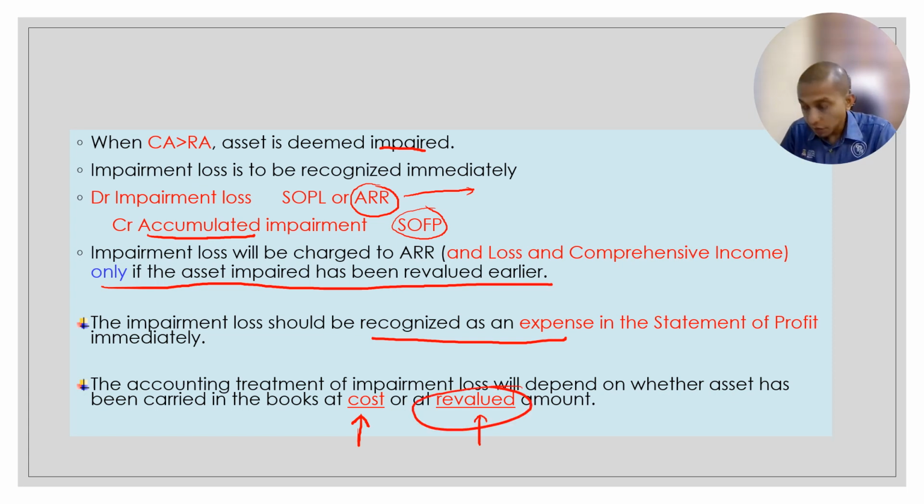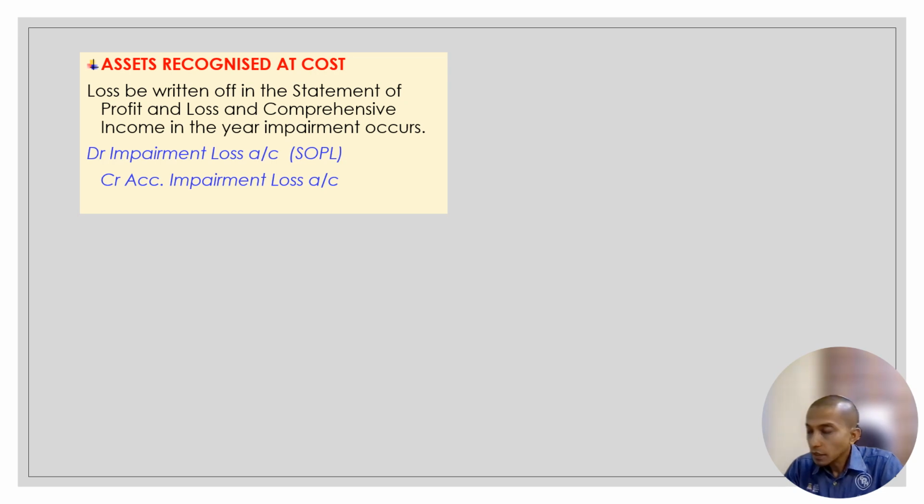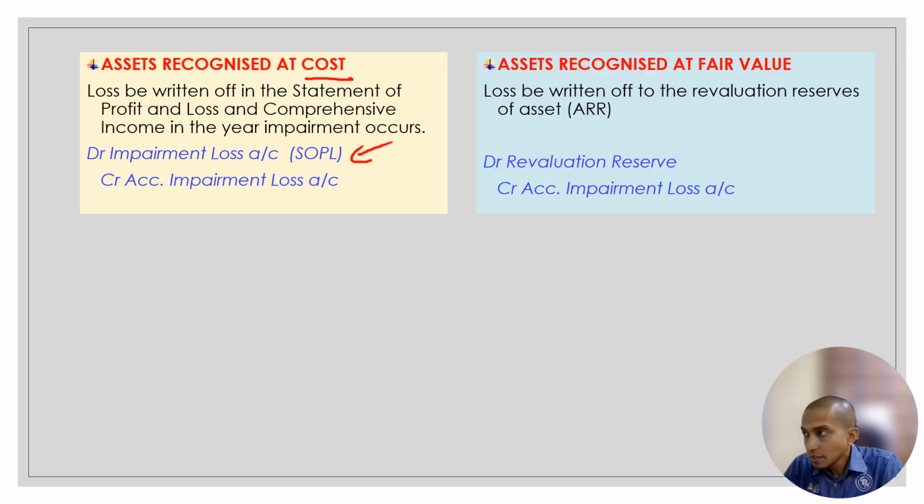If it is not, then it goes straight to cost. If it is at cost, then straight away it goes to statement of profit or loss as an expense. If it is at fair value or revalued, we have a revaluation reserve to cover this. If it is revaluation reserve, this one is actually equity.